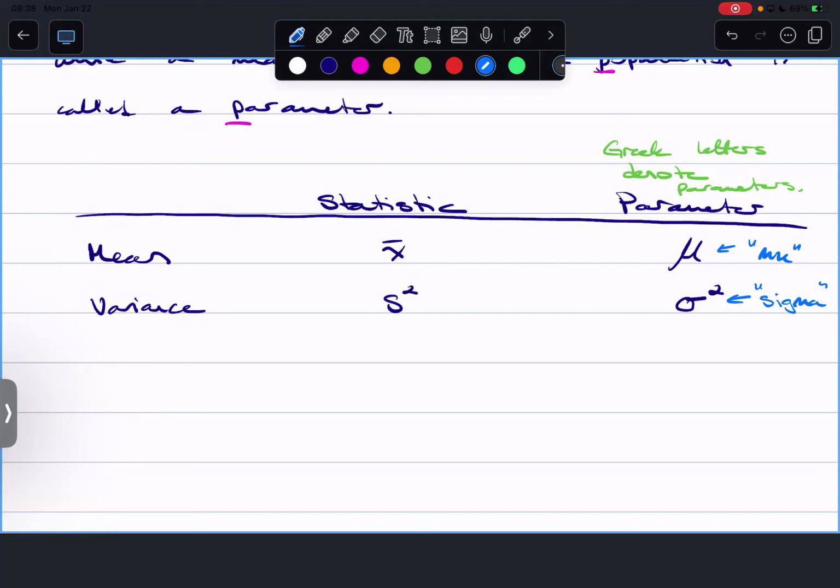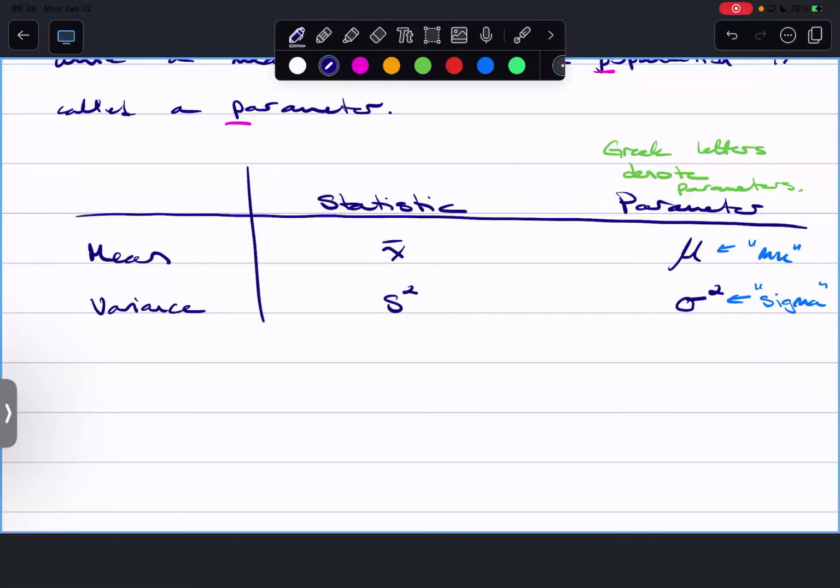And so one of the trickiest parts when we first start learning about this stuff is keeping track of what is the statistic, the sample information, versus what is the parameter. What am I trying to learn about? Because I use a sample mean to try to learn about the population mean. As long as you keep that in mind, it'll be a little bit easier.